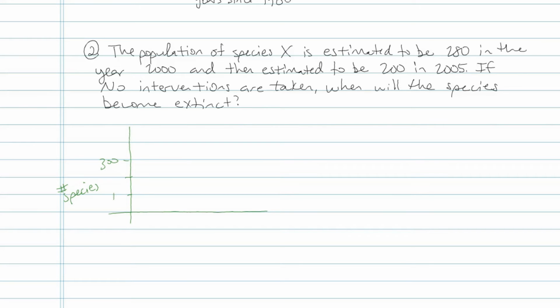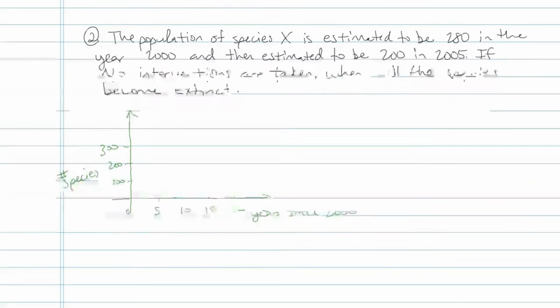So I have number of species. I chose to skip by 100s because my number of species goes up to 280. And on my horizontal axis, I'm going to call that years since 2000. So year 0 would be 2000, and then year 5 would be 2005, year 10 would be 2010, 2015, etc. Okay, so let's get those points on there so we can see what it's talking about visually.